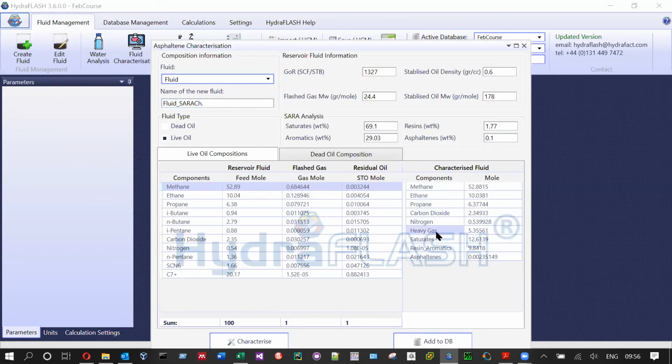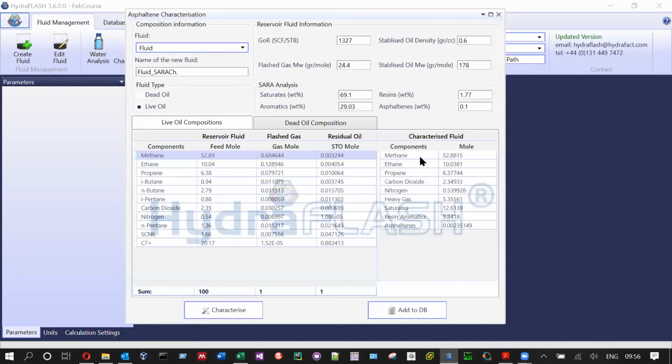Whatever is left goes to the heavy gas. And then we have these components as the characterized fluid for asphaltene calculation. As soon as the calculation is done, I can add the new fluid to our database.